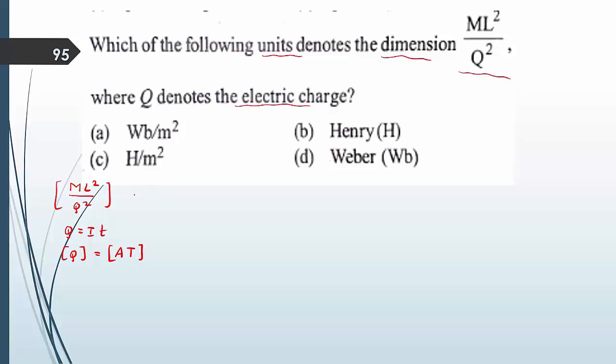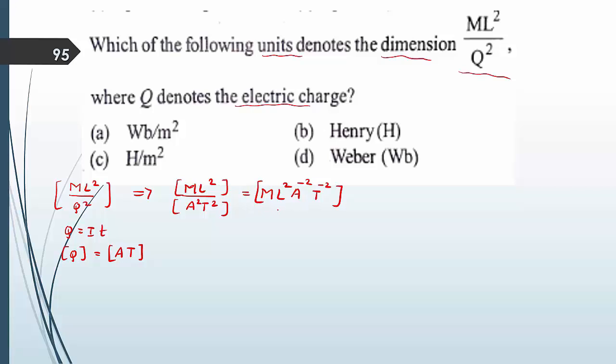Then equation is what here? M L square divided by, in place of Q square we can write A square T square. Right? Then this equation can also be written as M L square A raised to minus 2 T raised to minus 2.